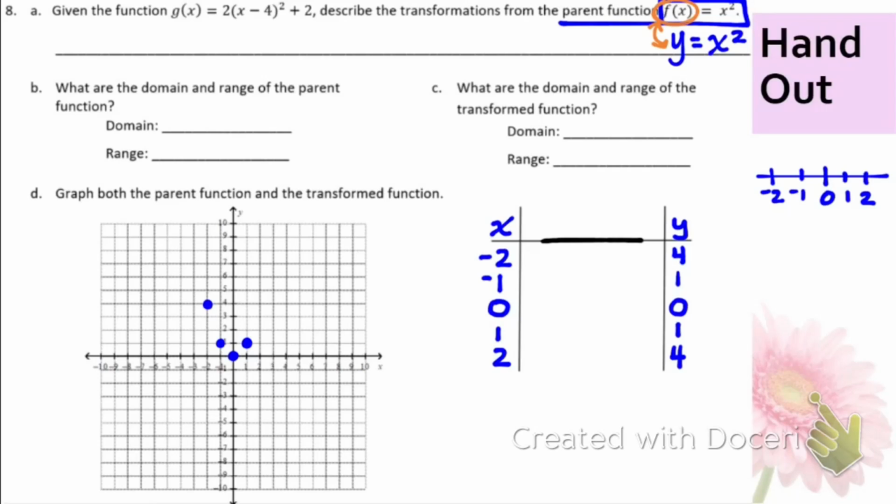This x with this y. And where's the last point? +2, +4, right here. So now I'm going to connect these together to make that U shape. This is our parent function.